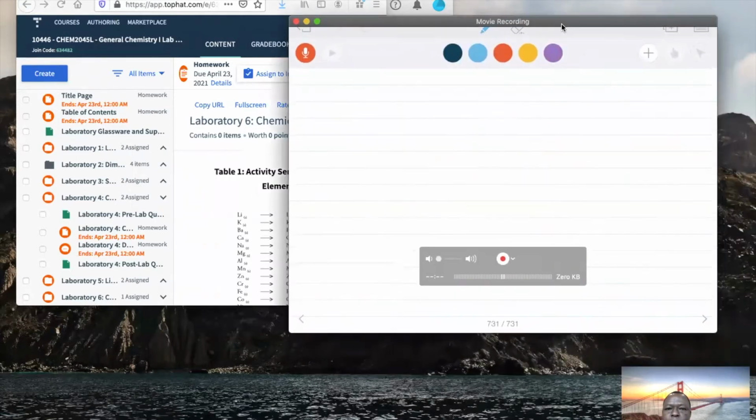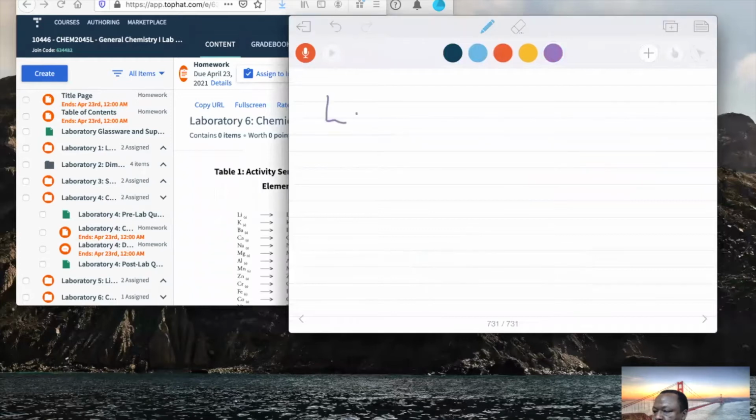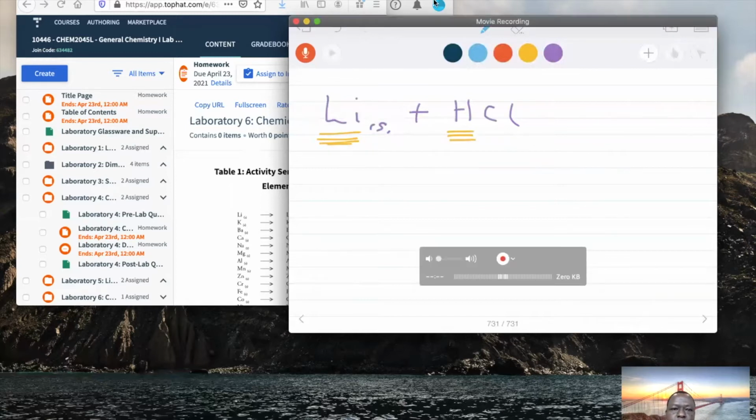Suppose we have lithium plus HCl. If we have lithium plus HCl, you compare the position of lithium with respect to hydrogen on the activity series.